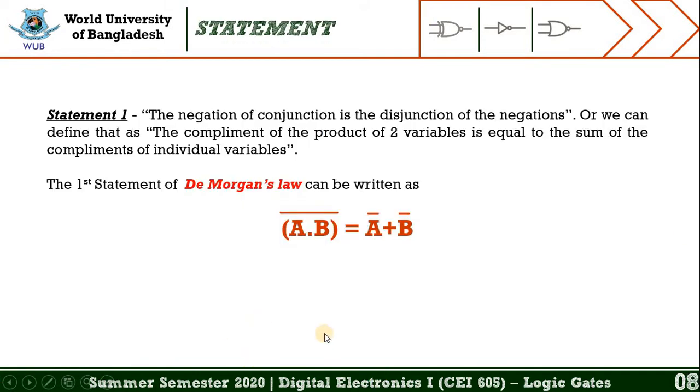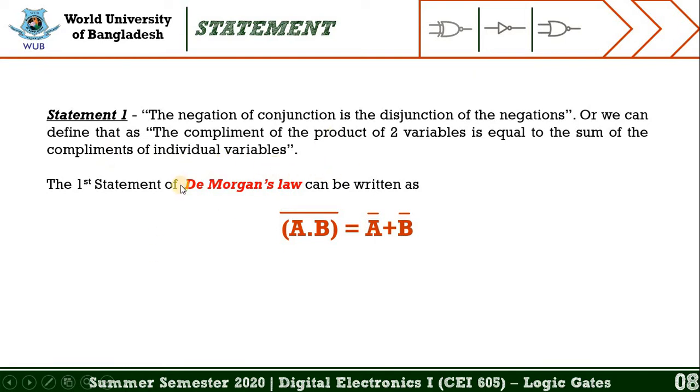Now we would like to know De Morgan's theorem, and we would like to start with statement 1. The negation of conjunction is the disjunction of the negations, or we can define that as the complement of the product of two variables is equal to the sum of the complements of individual variables.